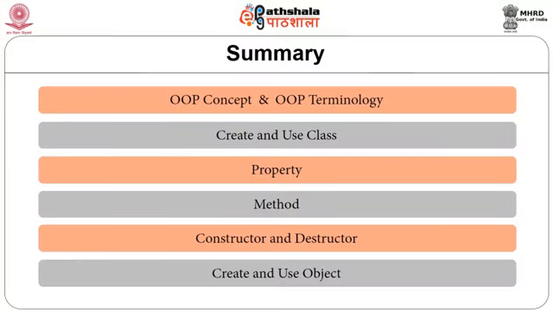Let me summarize this session. First we considered 2 approaches of writing programs: object oriented programming and procedure oriented programming. Procedure oriented programming is focused on procedures, while object oriented is focused on objects. Object oriented programming is easier to maintain, reuse and extend. It provides rapid application development, though this is just a matter of choice, you can use either of them.